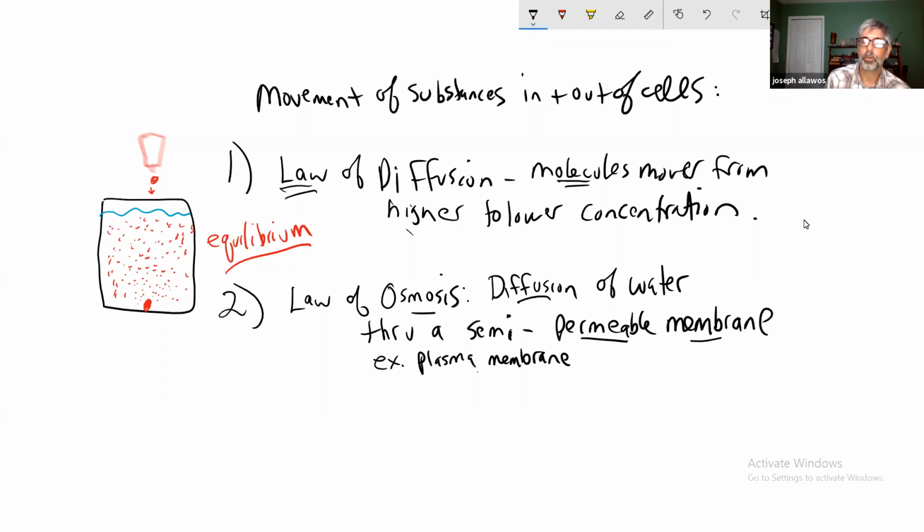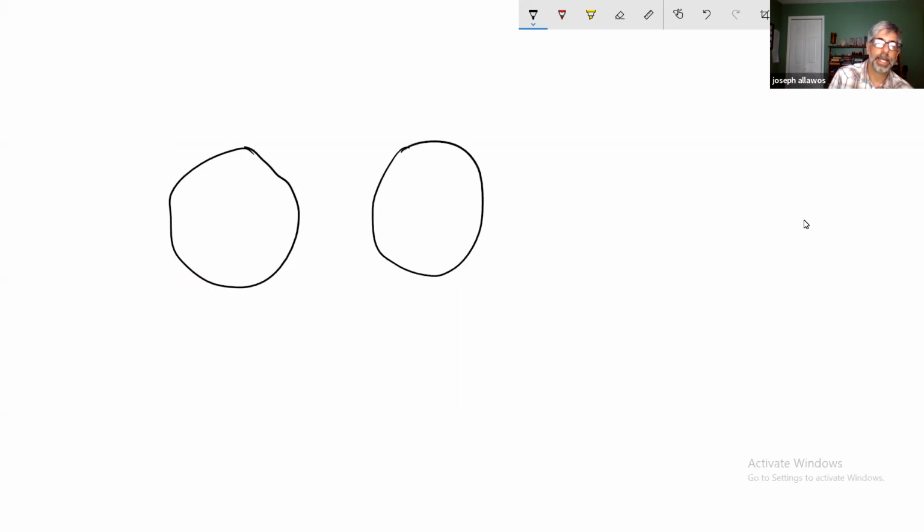Let's look at how this might work. Suppose we have the following scenario. Suppose I said, okay, we have 3 cells and we'll let them be animal cells. So there's no cell wall, there's just a cell membrane. And let's say that the inside of one of the cells is 1% salt solution.